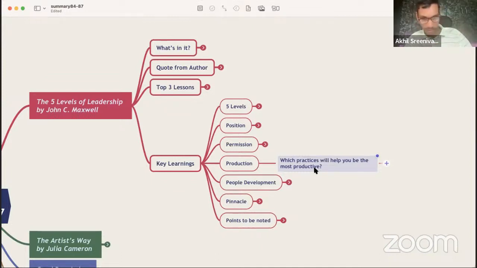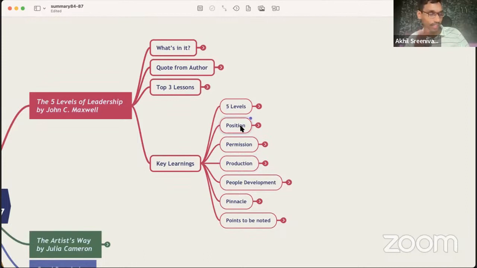Suppose you created a product, like a digital product, ebook or courses, or a physical product, any household products. What production values do you put in, and what practices do you use for scaling it up? So this comes under the third level of leadership. How do you lead the production team to produce more and to produce value-added, worthy products or services? So this is the third level of leadership.